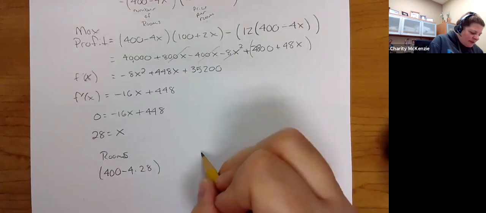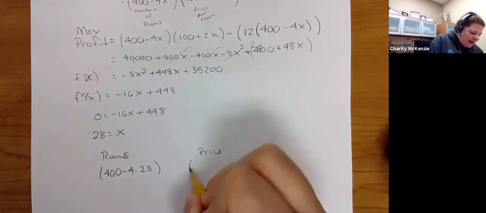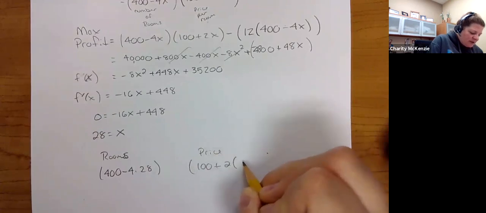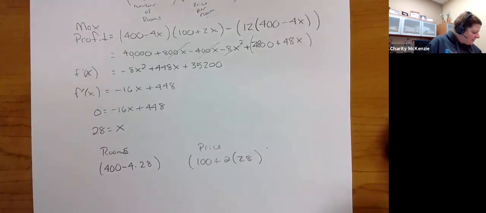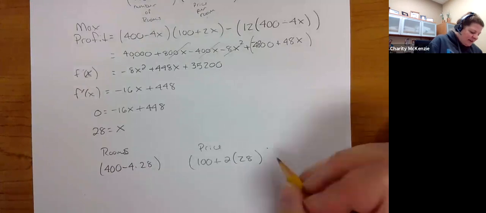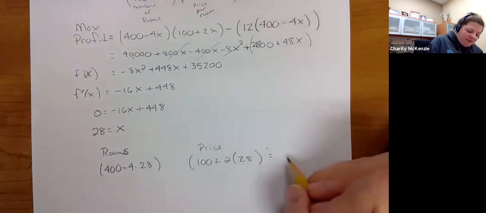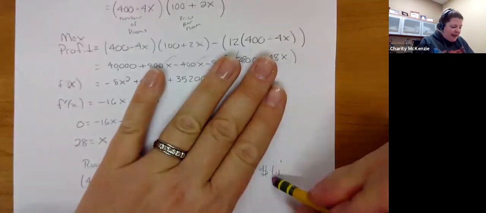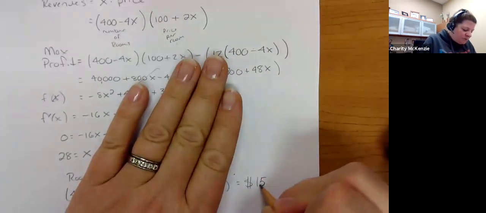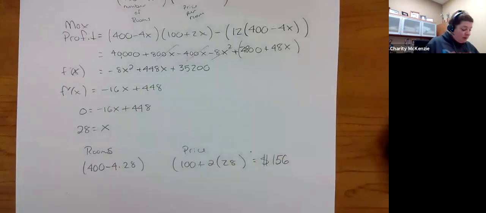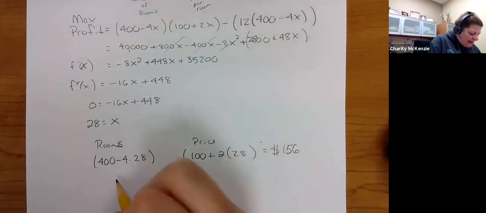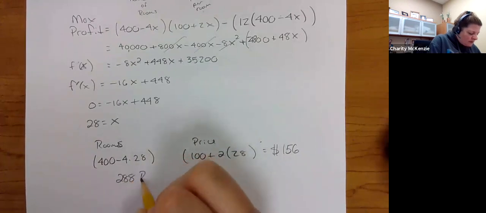And then the price will be the 100 plus $2 times 28. So I get the price to be $156. So I should charge more money and have less rooms to worry about, less people to worry about. And it's 288 rooms.